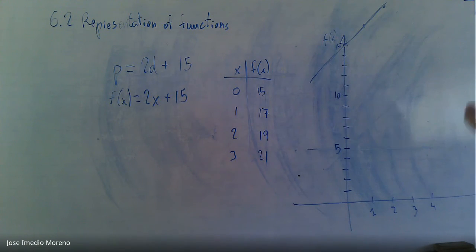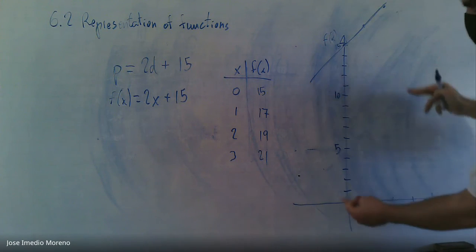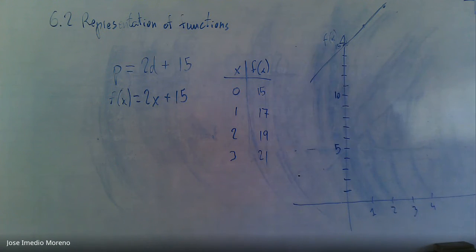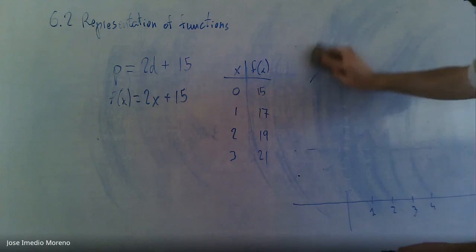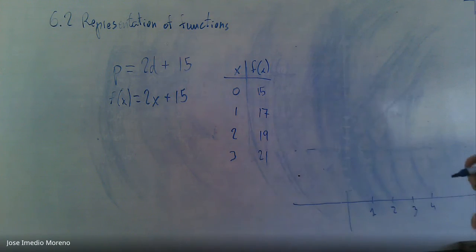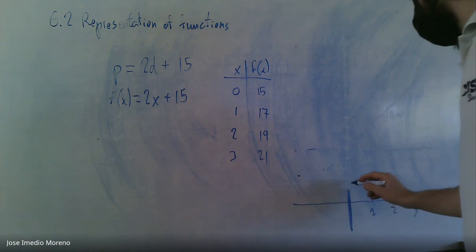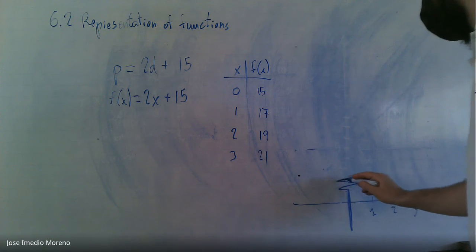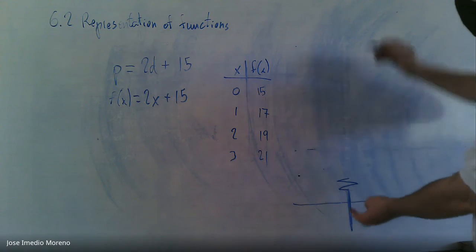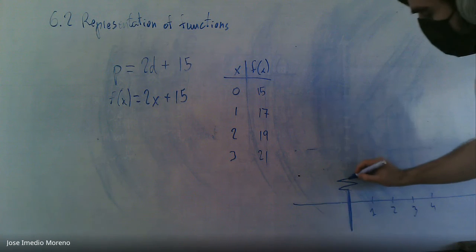But you can realize here that my line is too far away from the origin. I can do it like this, it's fine. But if I want to make my life easier, there's something we call an axis break. I can break the axis like this. If I make this symbol, it means I'm compressing the axis.